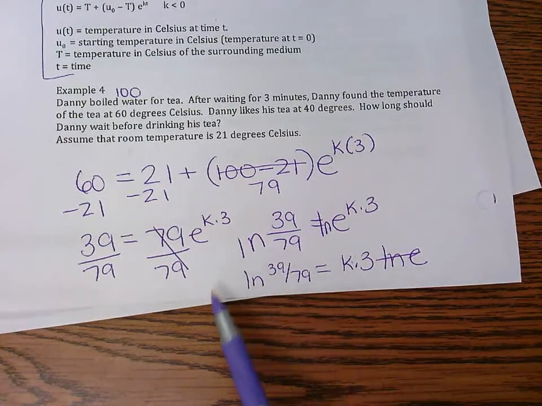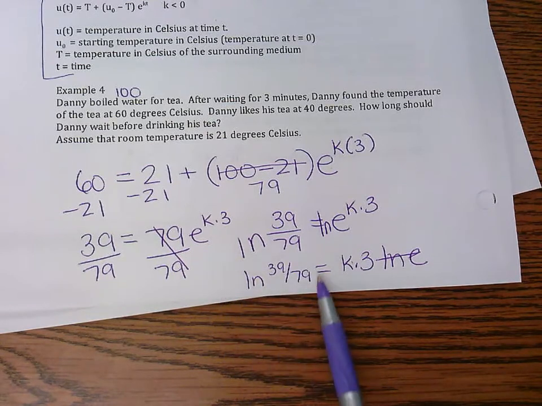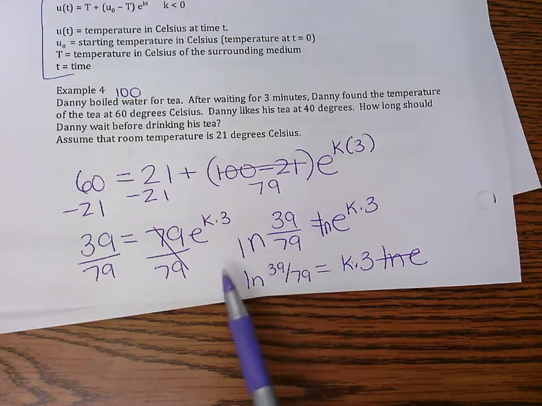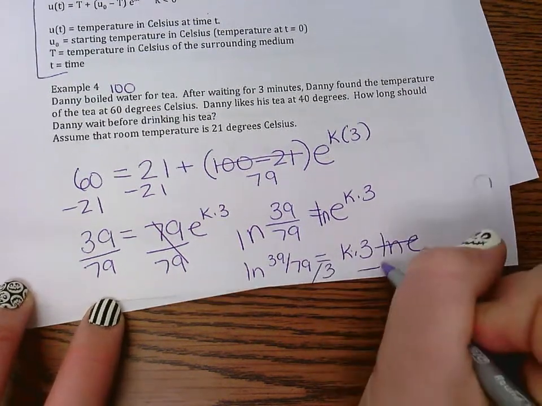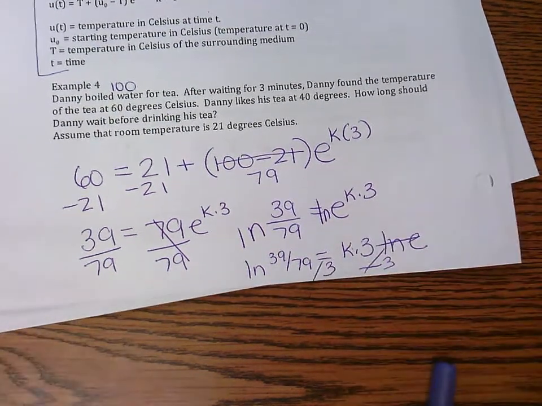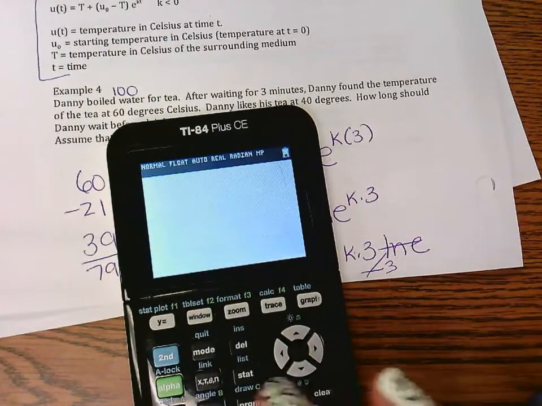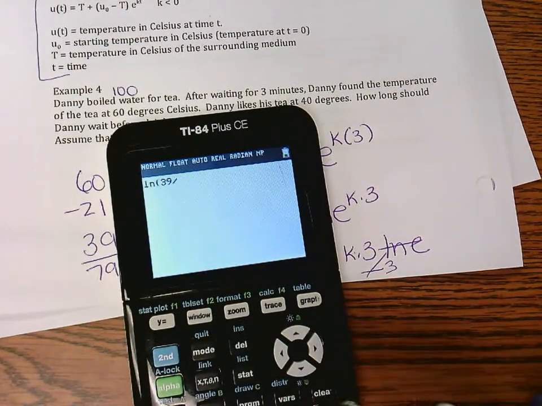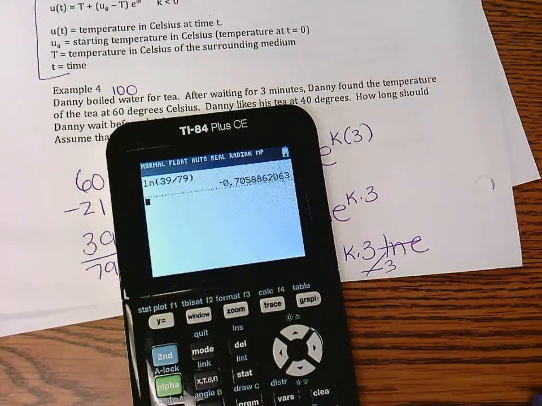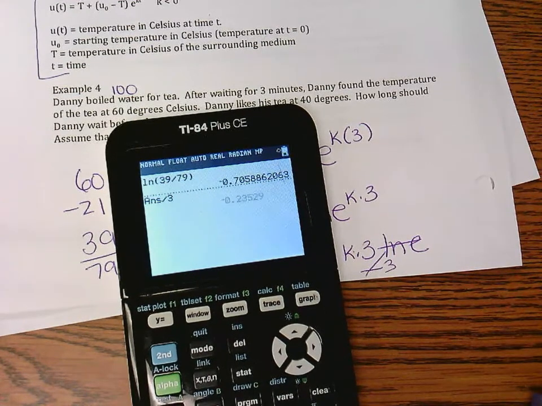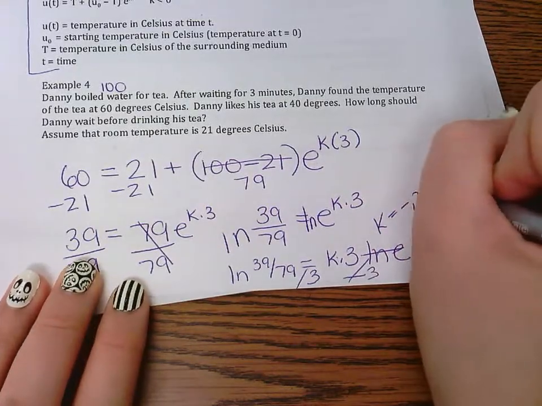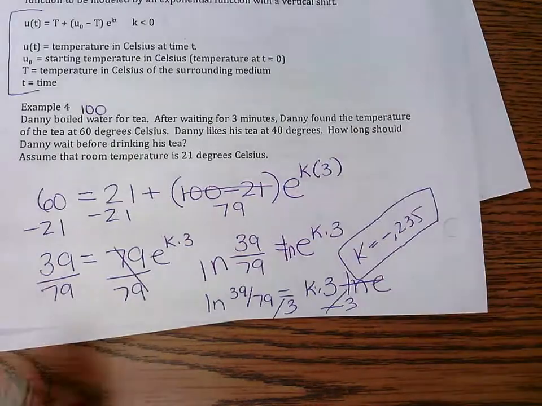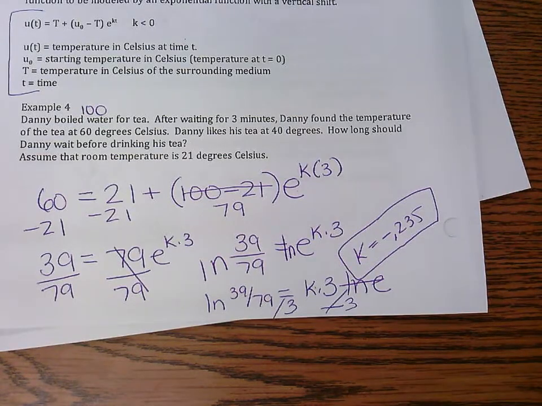So I'm going to evaluate the natural log of 39/79 on my calculator in parentheses, and then at the end, divide by 3 to get my final answer. Natural log of 39/79, enter, divided by 3. Negative 0.235. Negative 0.235 is k. I'm running out of room.